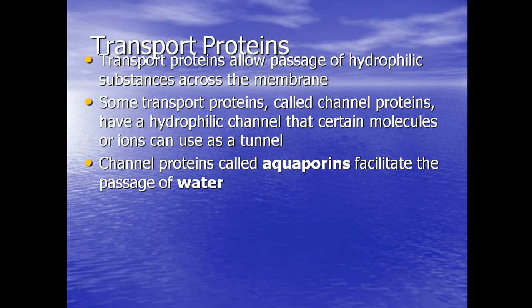There is another type of protein, called channel proteins, which have hydrophilic channels, and through this tunnel or channel, certain molecules can pass. Such channel proteins embedded in the plasma membrane are called aquaporins, which help in the passage of water.